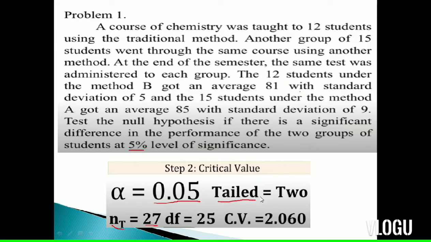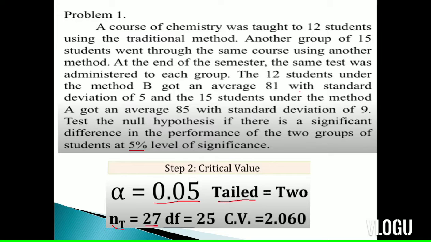And the tail, as I've said, is 2, and n sub t, the total number of students, we have 27, 12 plus 15, and df. So sa df is equal to 25. So ang formula sa df is n minus 2, this is for the independent sample t-test.